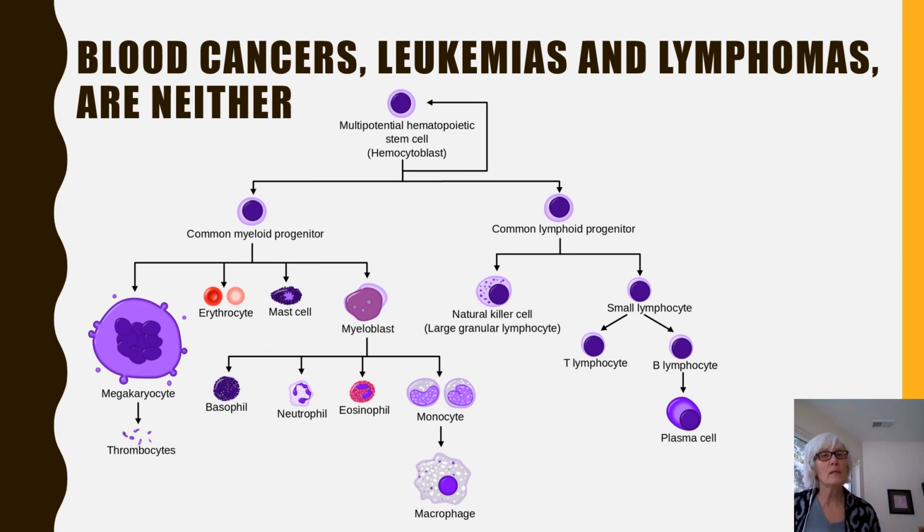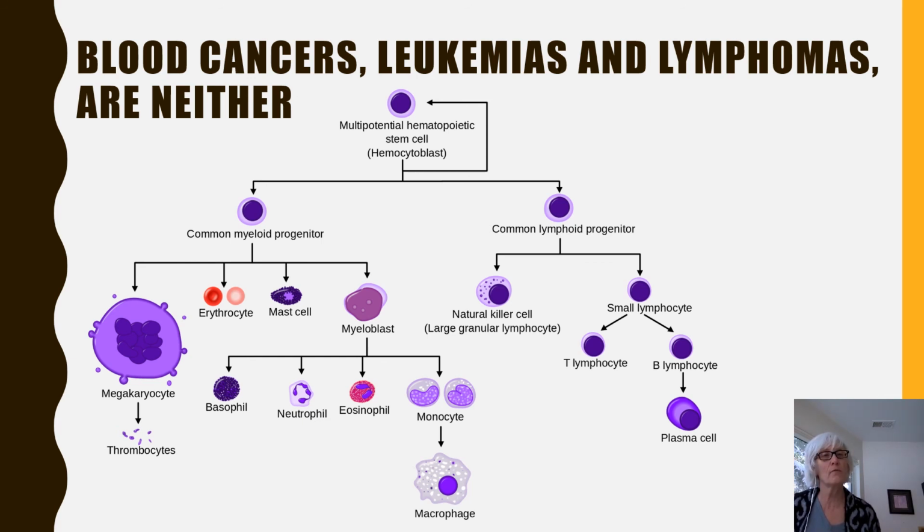Leukemias and lymphomas can derive from cells that are either of myeloid origin, and those are shown on the left part of this developmental tree, or they could be derived from lymphoid precursors, and those are shown on the right side of this developmental tree.